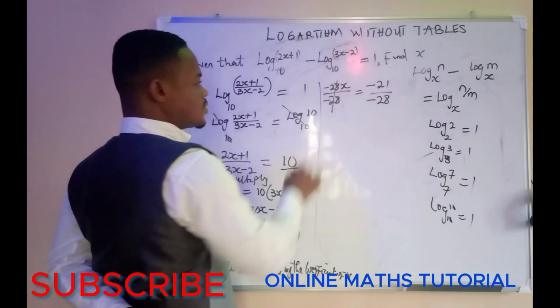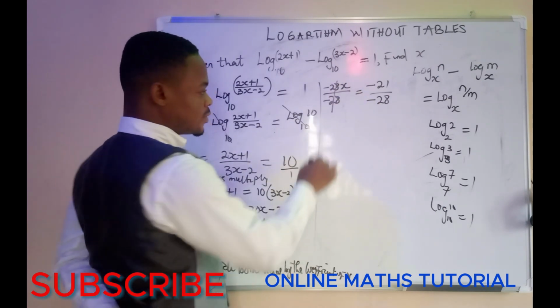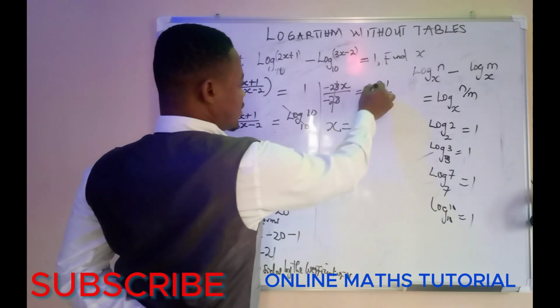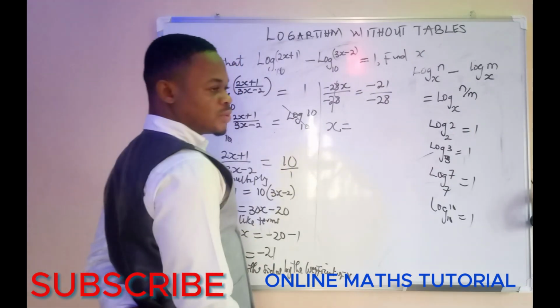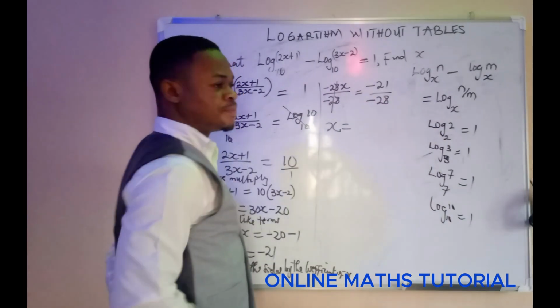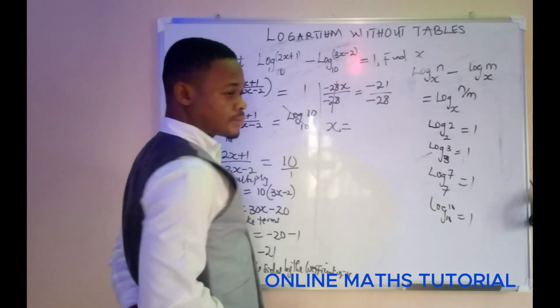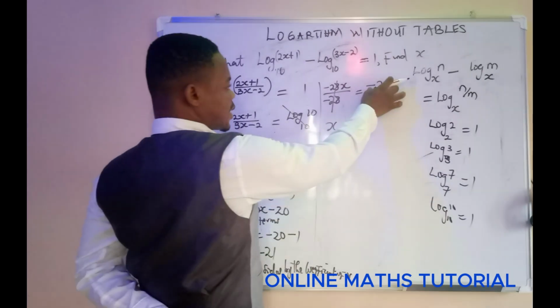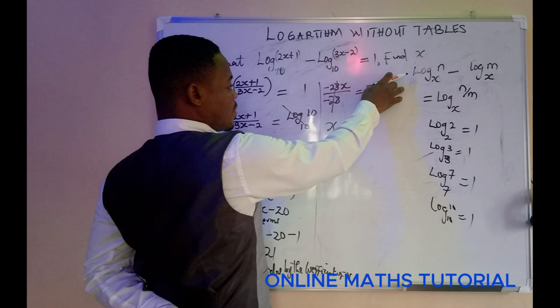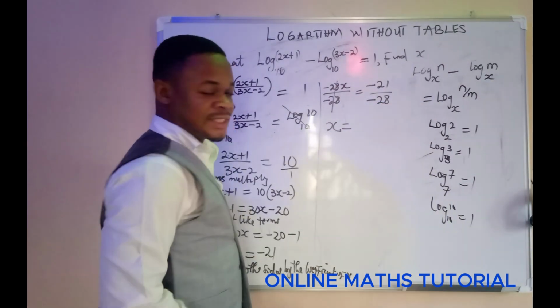So if this cancels this, we will be left with x. x will now be equal to, minus divided by minus will change to plus. And what can divide here to reduce this fraction? What can divide here is 7. 7 can divide the numerator and equally divide the denominator.